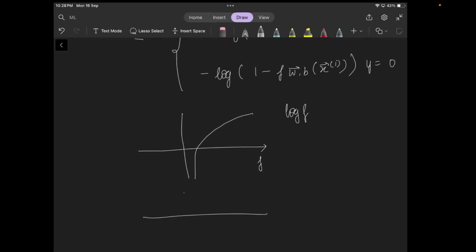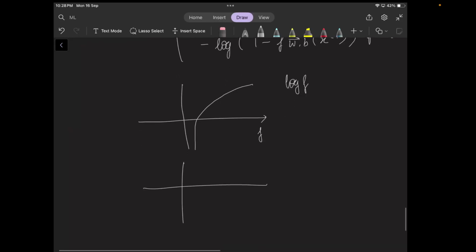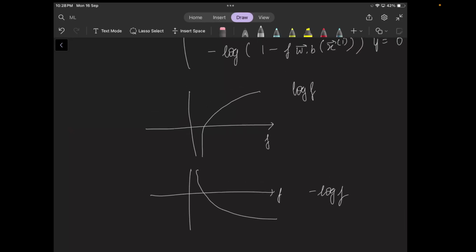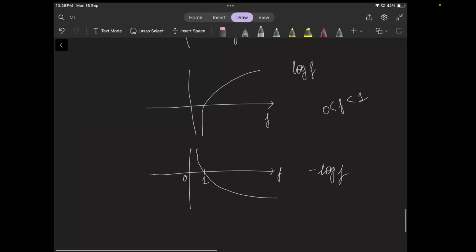Minus log of f would look something like this. And f takes in value only between 0 and 1. So minus log of f would be basically this part.